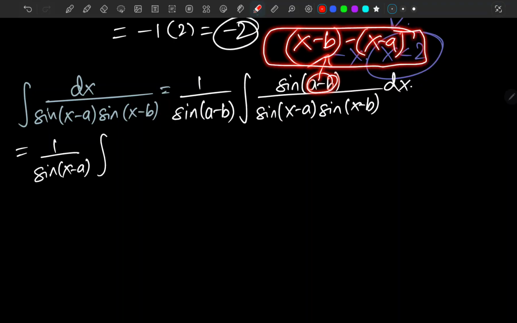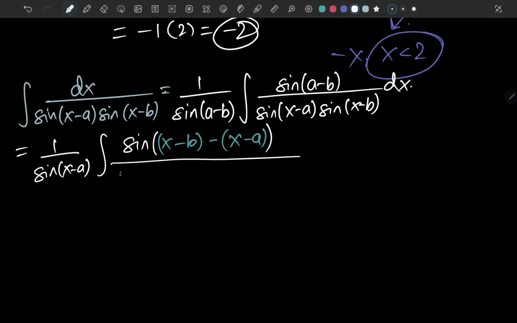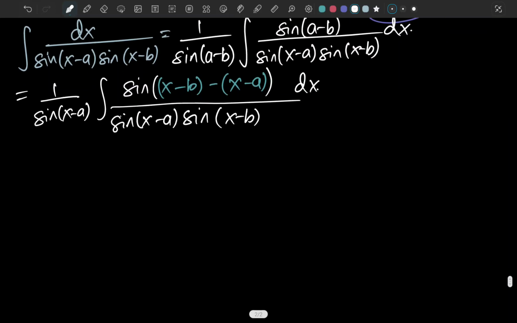That's why I introduced that thing. So we write: sine of x minus b minus x minus a, over sine of x minus a times sine of x minus b, dx. So far so good. It looks quite complicated, but anyways, let's do this.